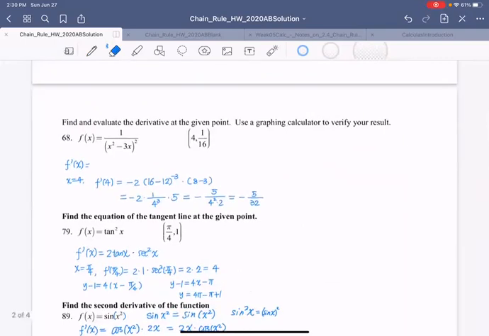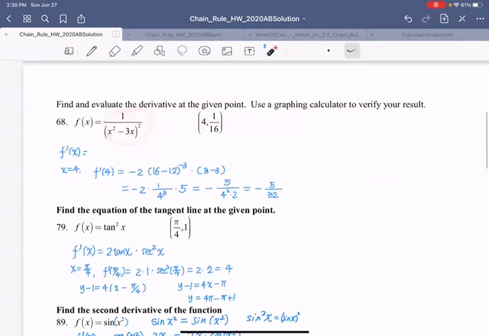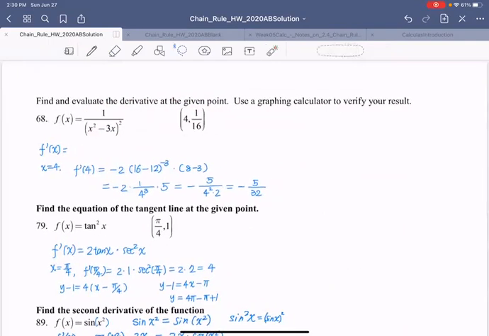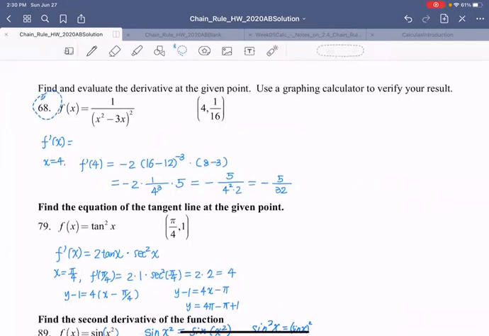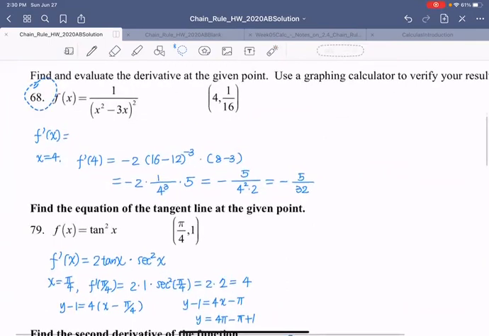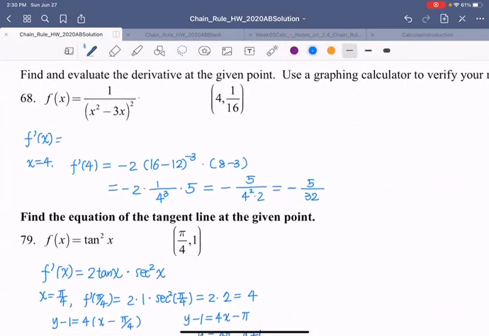Now we are going to do derivative at a given point. Let's see here, number 68. Zhao Yuchen, let's do 68. Yeah, we can rewrite this first.